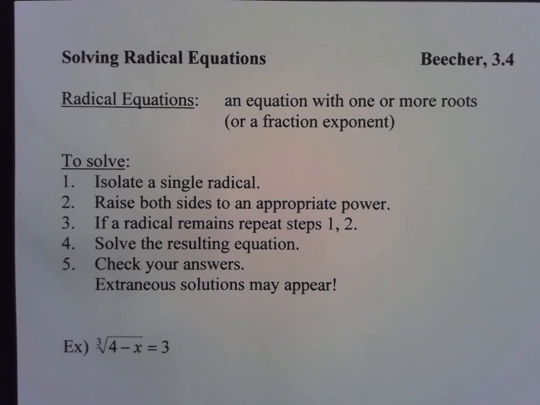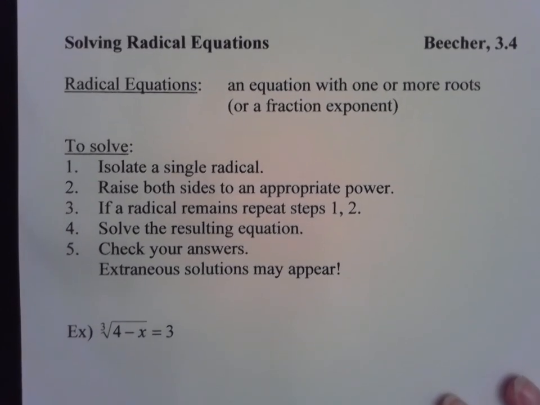Once we've removed the radical, then we're going to solve the resulting equation. I'm going to show you a couple different types of examples, so step 4 may look different depending on the question. And then it's very important for these that we check our answers, because we could get what are called extraneous solutions, or extra solutions that look like they work, but when we go back to check them, they actually don't work.